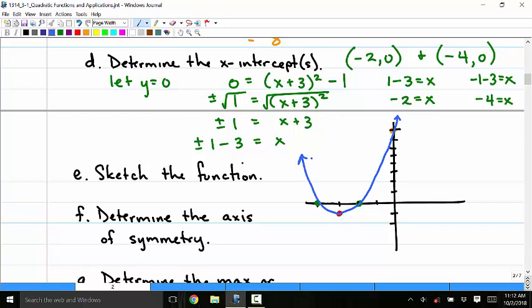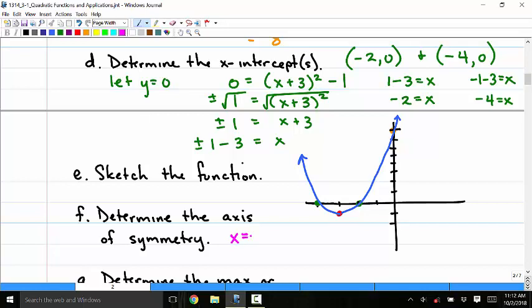Does it open up? Yes. Is there a relative minimum? Where is the relative minimum? Negative 3, negative 1. How many x-intercepts are there? 2. They're at negative 4, 0 and negative 2, 0. Okay, the axis of symmetry. Where is it?